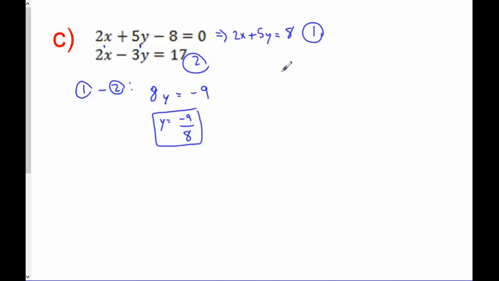And I just have to sub that into one of the equations to find x. Like I mentioned on the last question, pick the one that's got lower coefficients because that will be a little bit easier. Right here I have a 17, here I have an 8, here I have a 3, and a 5, which are pretty close.